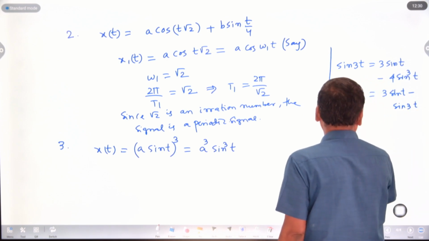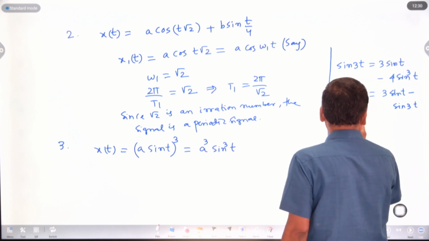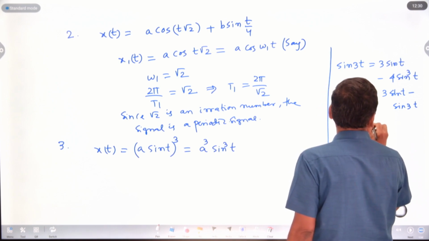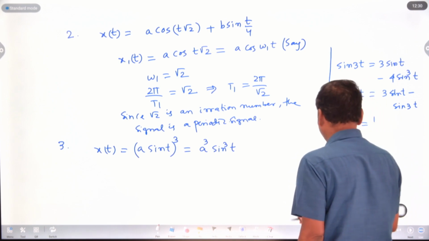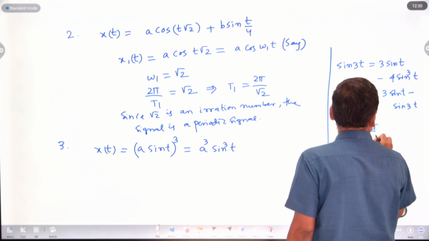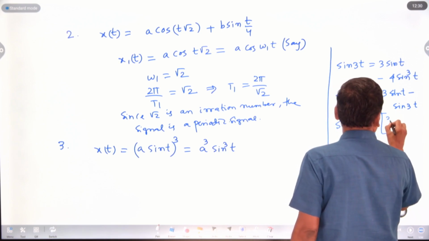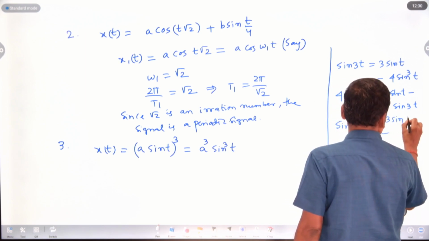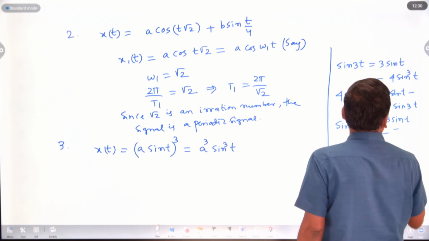And sin cube t equals 1 by 4 into 3 sin t minus sin 3t. In place of sin cube t, you can write a cube into 1 by 4, all into 3 sin t minus sin 3t.